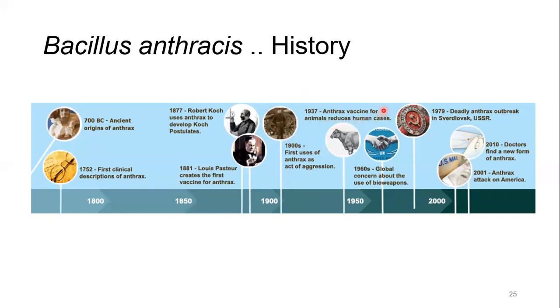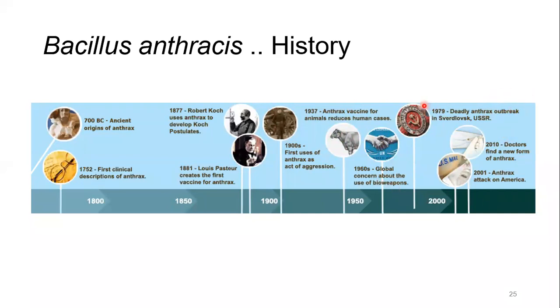In 1937, the vaccine for animals was used and was found to reduce human cases. In the 1960s, again, the threat of bioweapons, which I think is still ongoing, was identified.